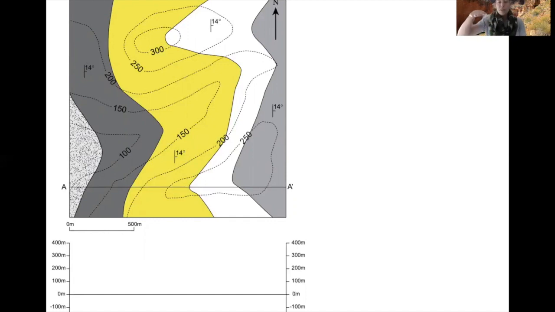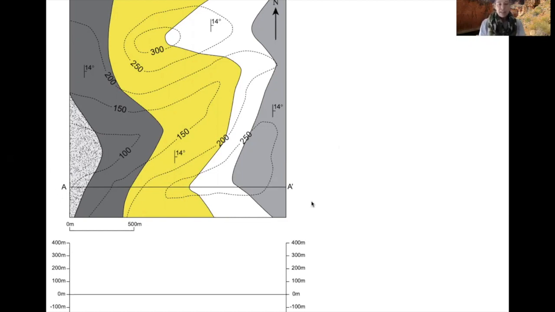So if we imagine the Earth's surface is horizontal, and then we have that rock layer dipping down, going underground beneath our feet, that angle is the dip measurement. So if we're looking at this map view and we want to imagine what it looks like underground, that dip measurement is super key.